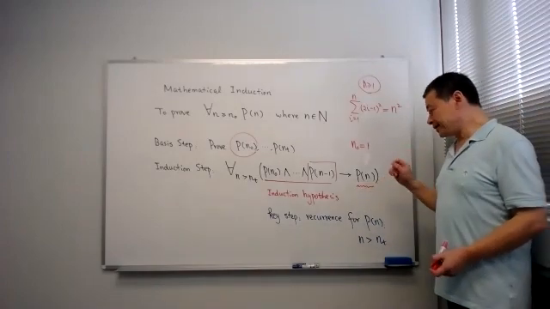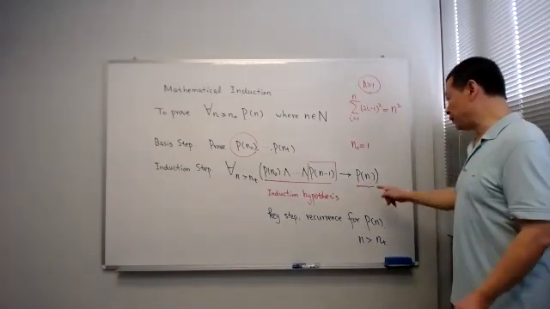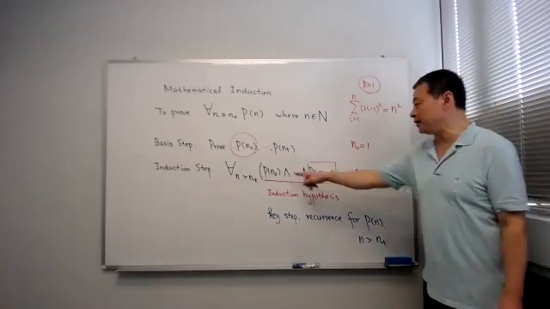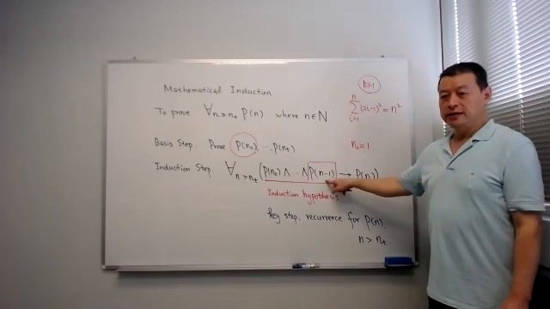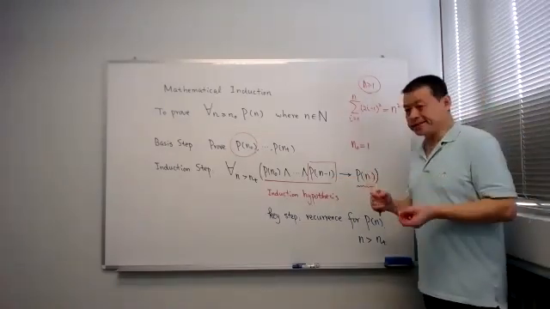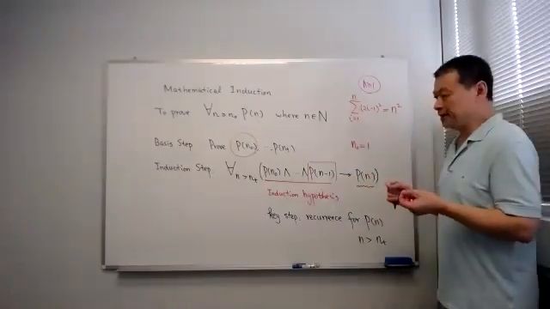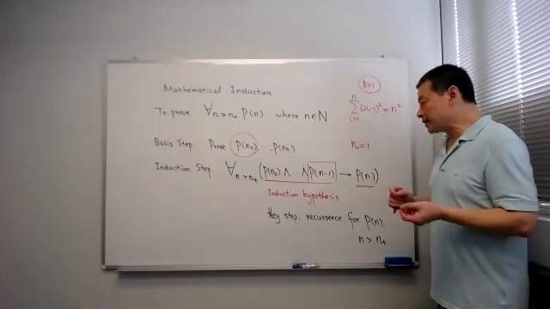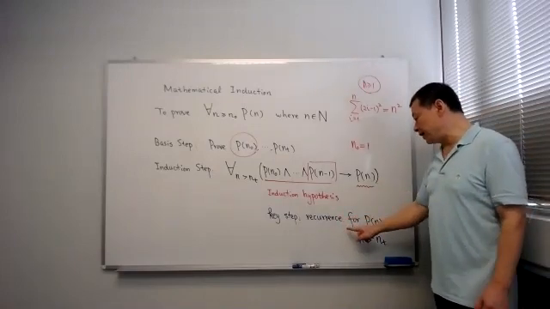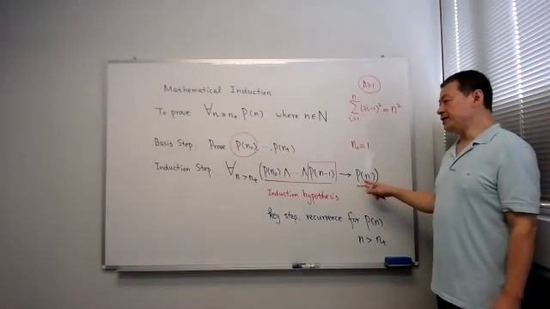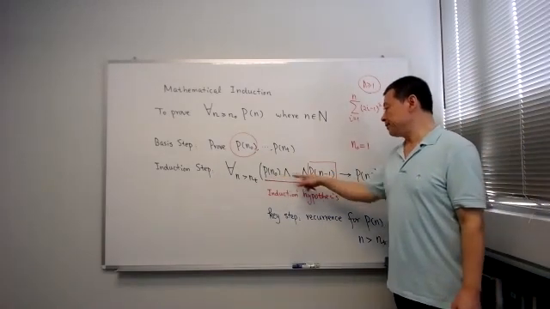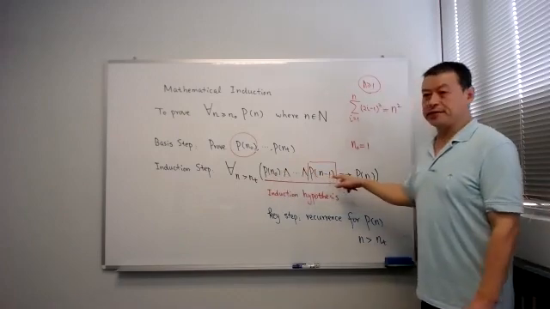Now, the key step actually is to get a recurrence for P(n) in terms of P(n naught) up to P(n minus 1). So the crucial step, the most important part of mathematical induction, is to obtain a recurrence relation for P(n) based on the previous n minus 1 statements.